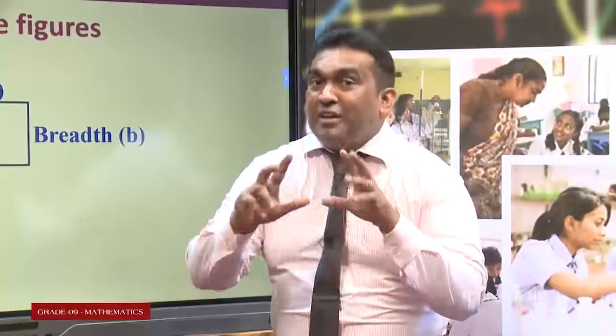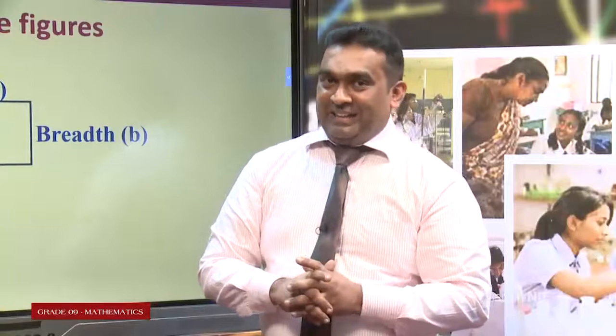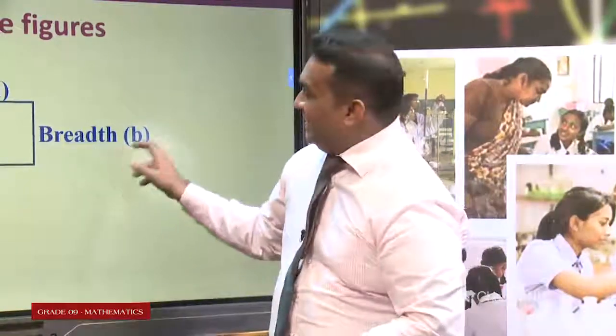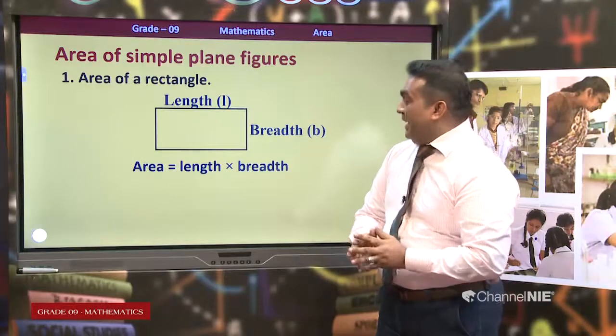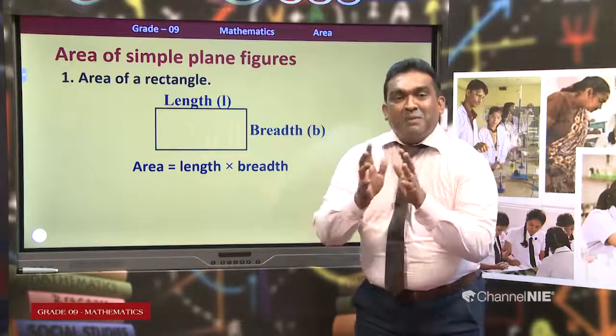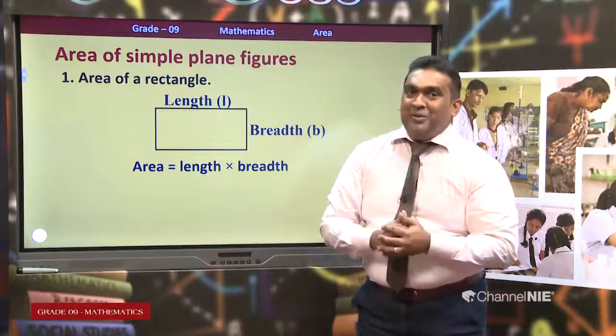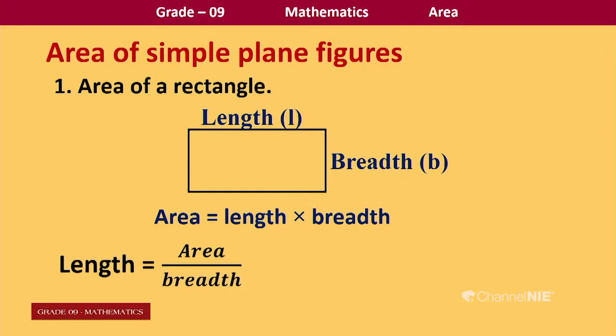There is a general formula to find out the area of a rectangle. We will see that. Area equals length into breadth. Length multiplied by breadth, then you have the area. If you want to find out the length, there is a special one.